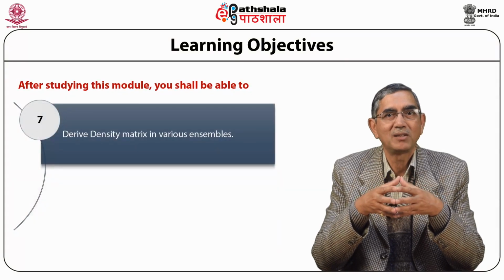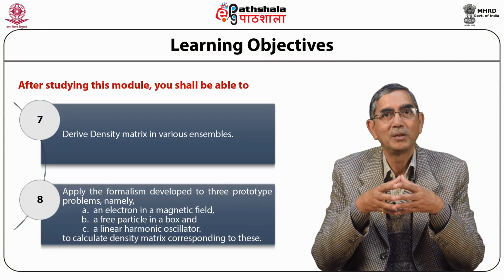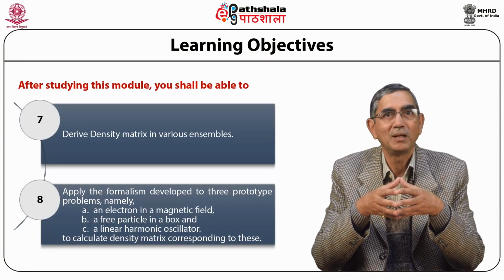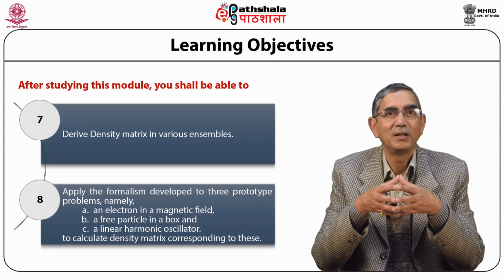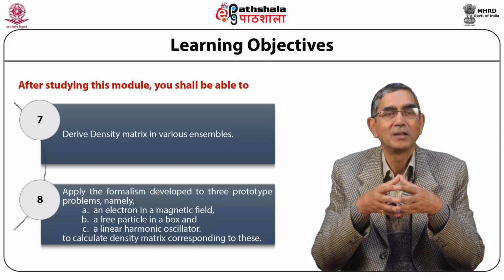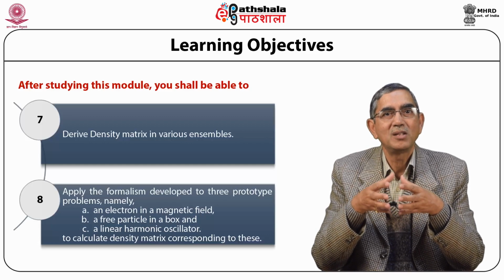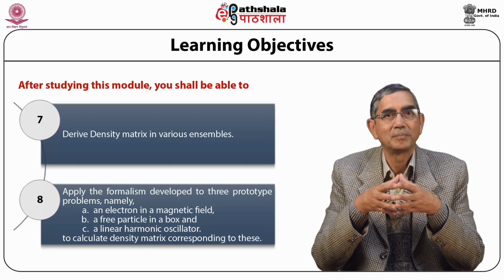We will derive the density matrix in various ensembles, and apply the formalism developed to three prototype problems, namely an electron in a magnetic field, a free particle in a box, and a linear harmonic oscillator, to calculate the density matrix corresponding to these.